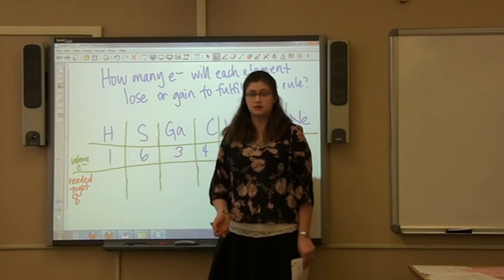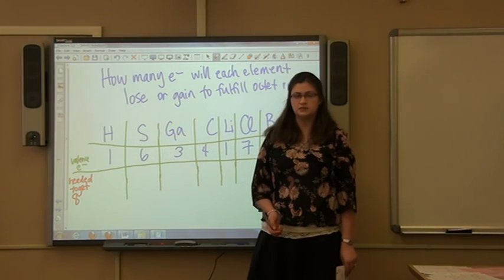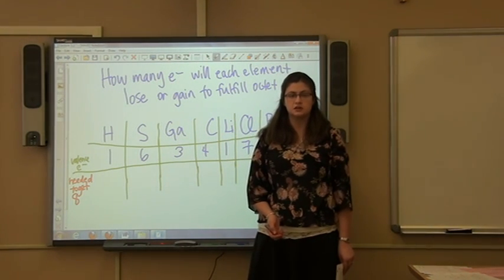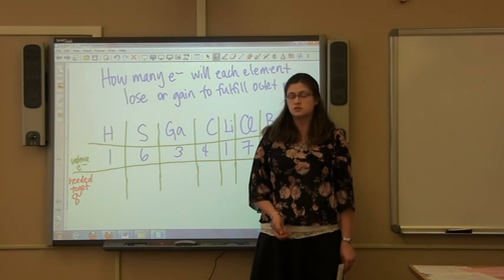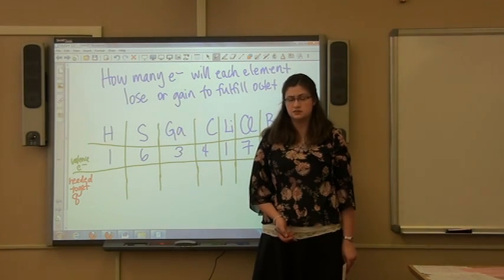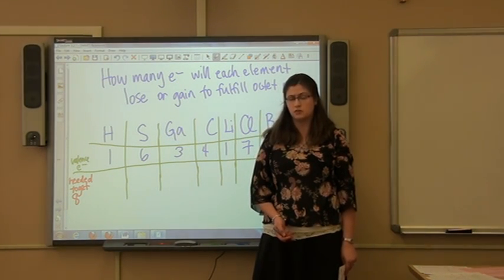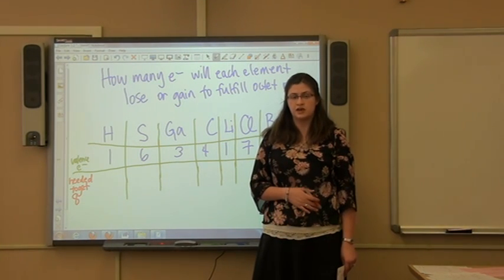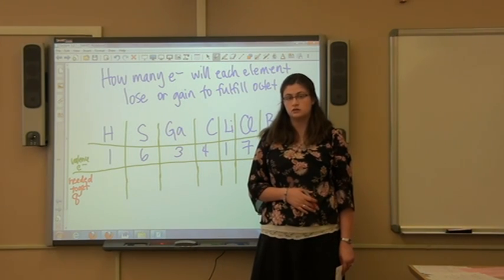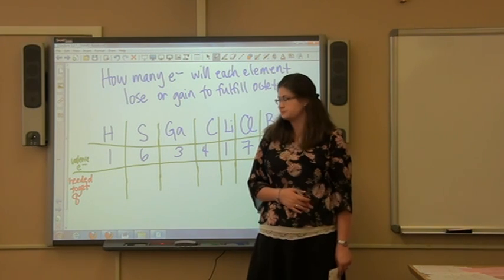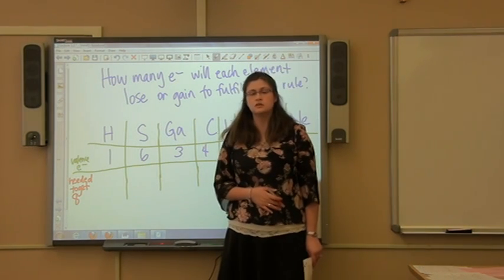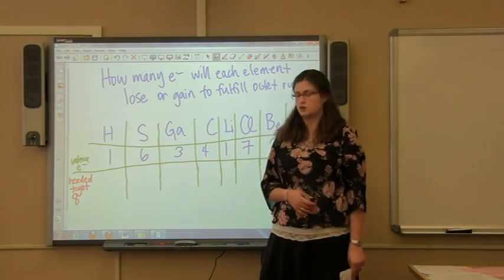It could gain 7 electrons, but gaining 7 electrons is almost impossible. That's too hard of work. So instead, hydrogen is going to lose that 1 electron. If you have 4 or less electrons in your valence shell, you can lose electrons in order to achieve 8 in your outer shell. If you have 4 or more, then you need to gain electrons.